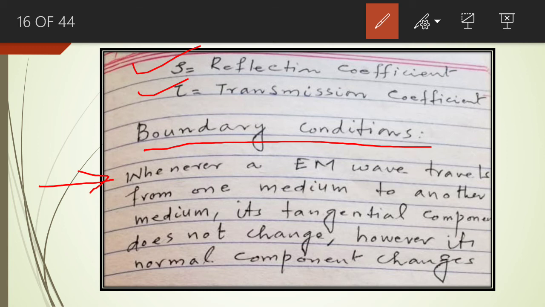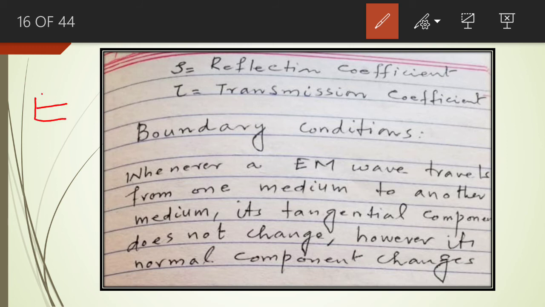So in our case, the wave E1 is moving towards the second medium. E1 is traveling from medium number 1 to medium number 2. And E1 is the total electric field intensity of this wave in medium number 1, while E2 is the total electric field intensity of this wave in medium number 2.